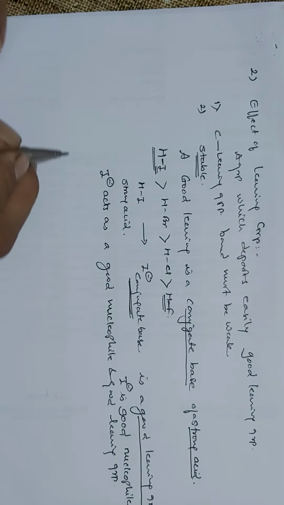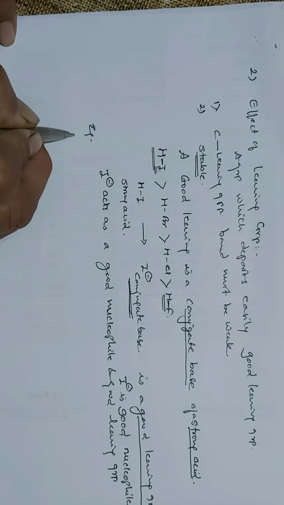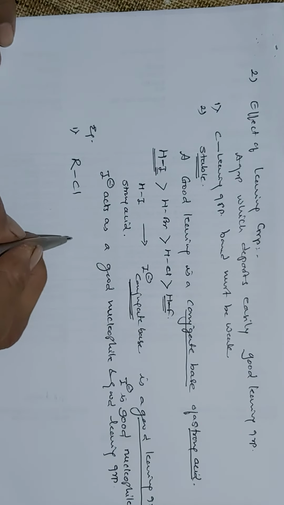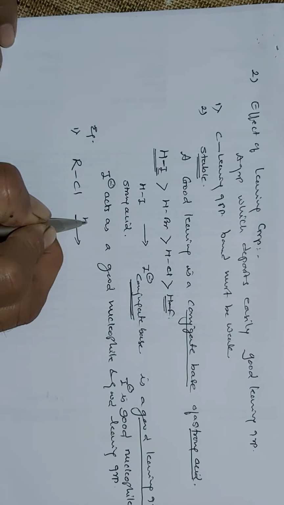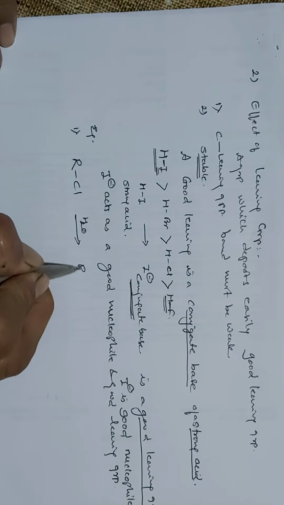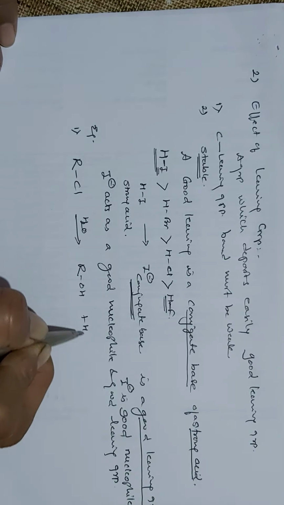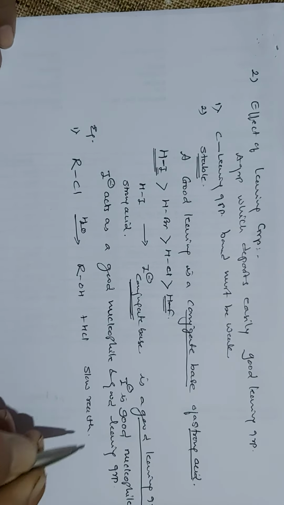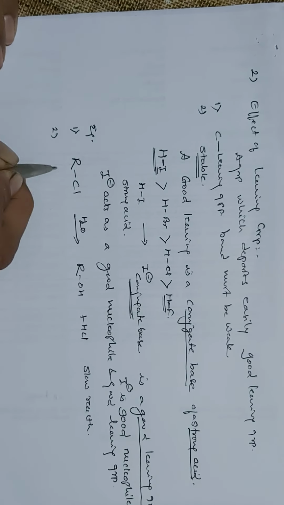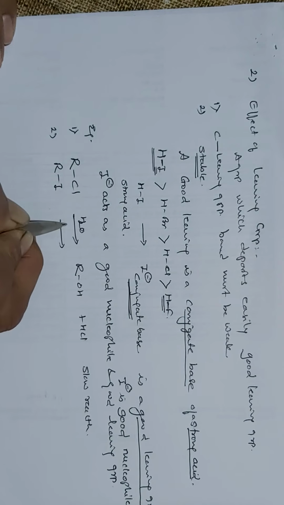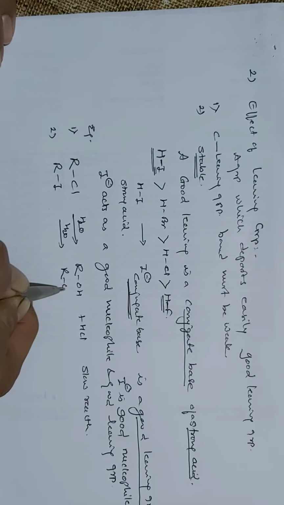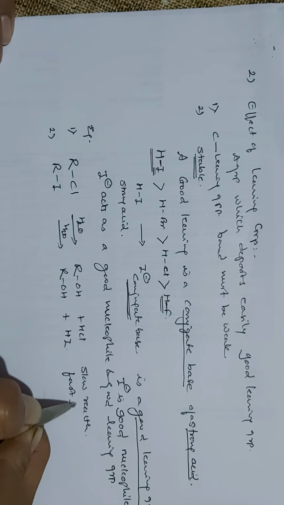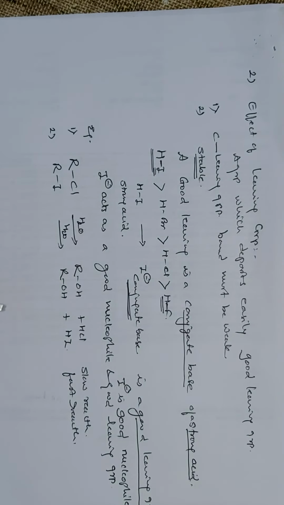So here, let us study the example of two reactions. In the first, alkyl chloride on hydrolysis gives ROH plus HCl, and the reaction is found to be very slow. But alkyl iodide on hydrolysis gives alcohol plus HI, and this is found to be a fast reaction.